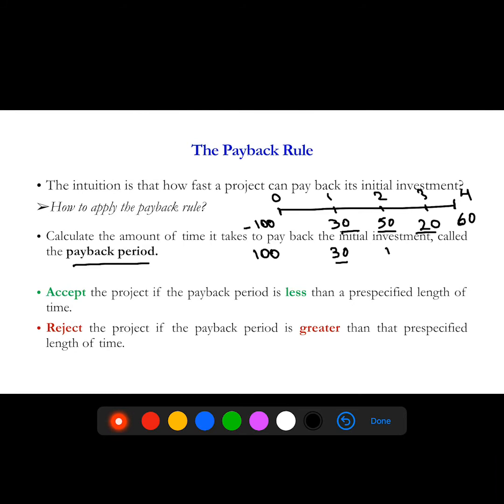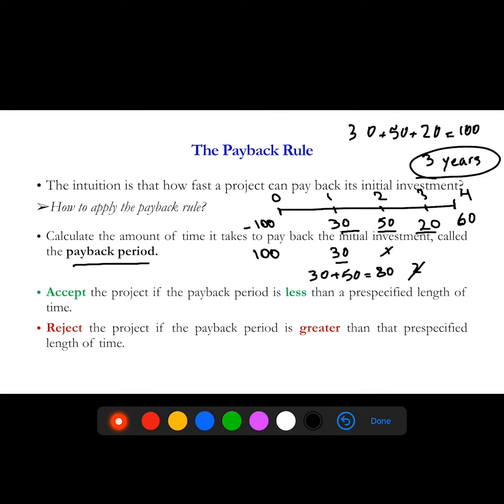It's also not 2 years, because if I add 30 plus 50, it's 80. But if I add up 30 plus 50 plus 20, this will be 100, and our payback period is 3 years.